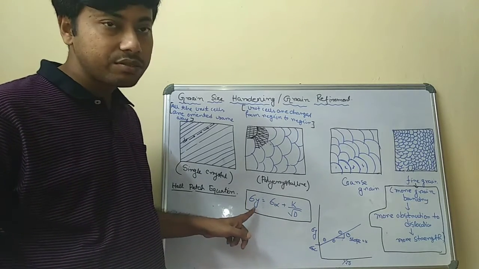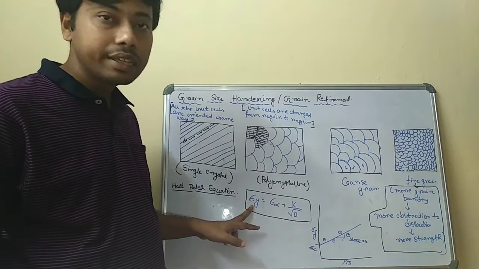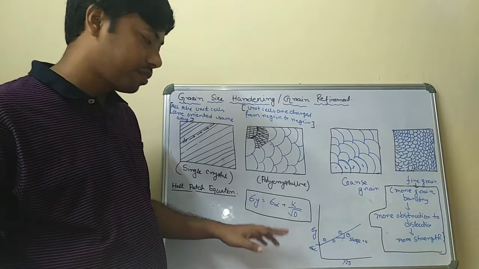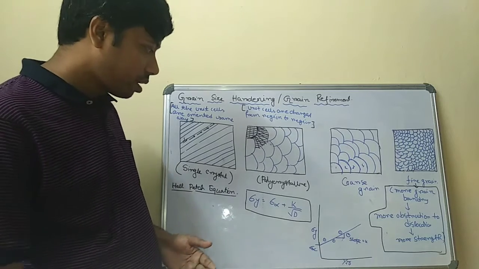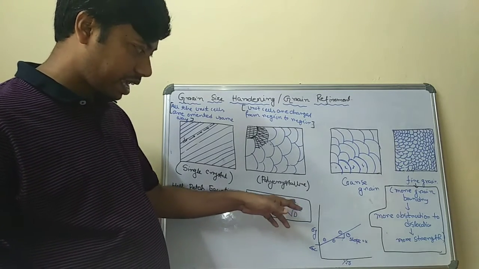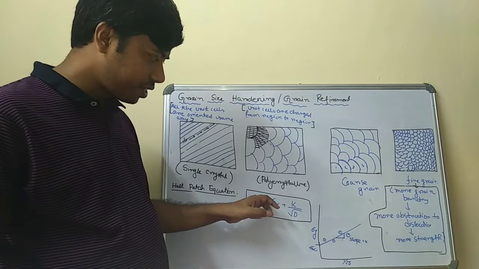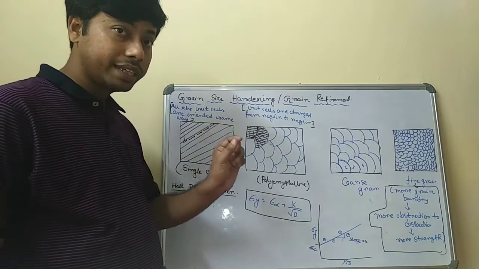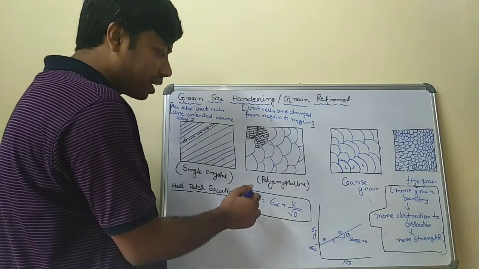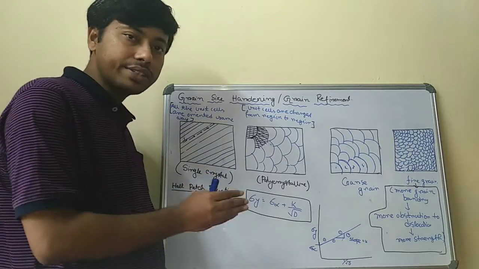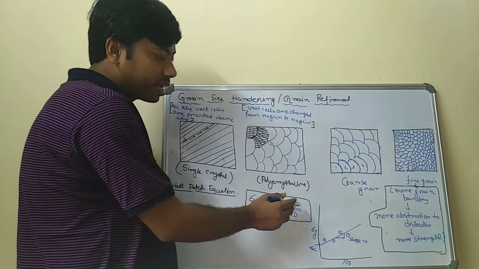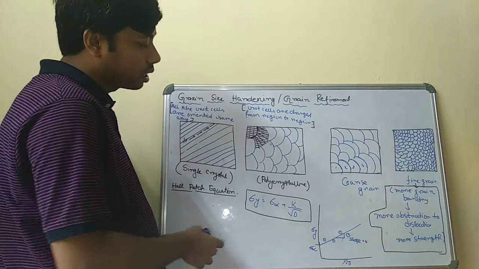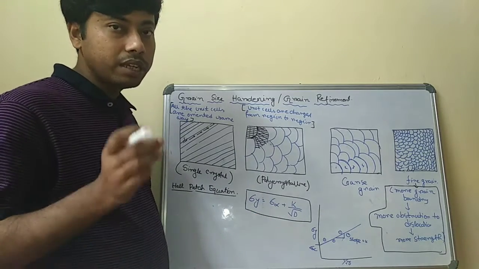Sigma y, as the name suggests, is the yield strength. Sigma infinity and k are both constant terms related to the grain structure, and d is the diameter of the grain.